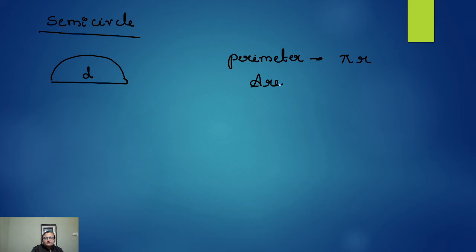Area is pi r square by 2. Again the diagonal is 2r. Now in the next slide we will study three-dimensional figures. What we studied before were two-dimensional.